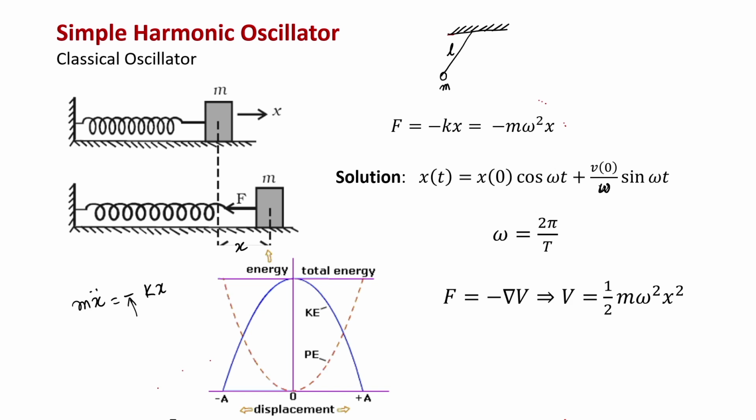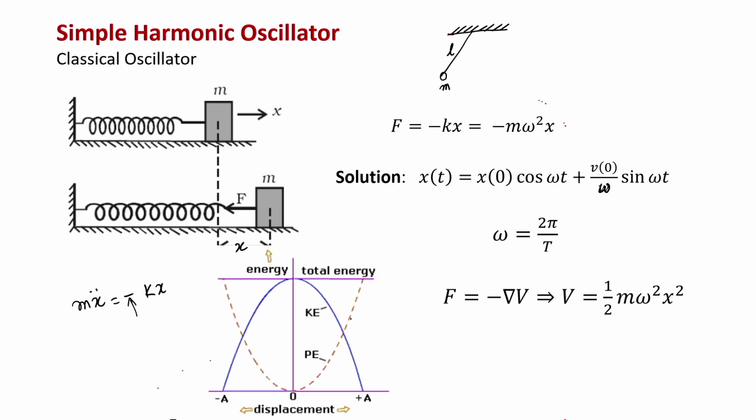Then it will again go towards the equilibrium position and overshoot it on the left, and this motion will keep going on, and the potential energy will show a parabolic increase with this displacement.